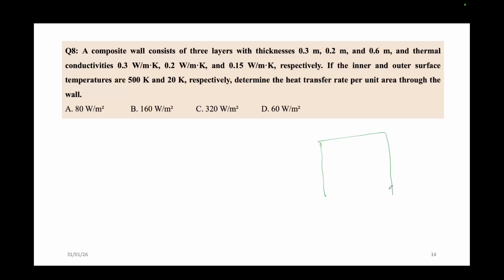A composite wall. Here the first K, K1, is 0.3, K2 is 0.2, K3 is given, and next L1 is 0.3, L2 is 0.2, and L3 is 0.6.